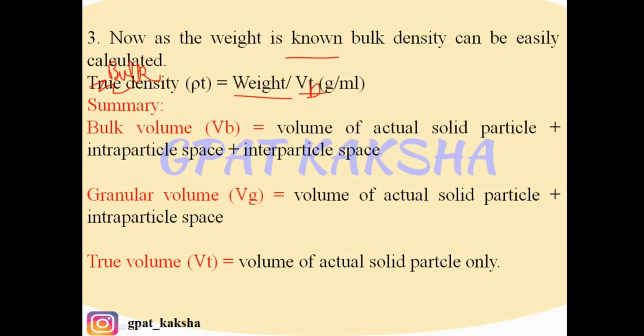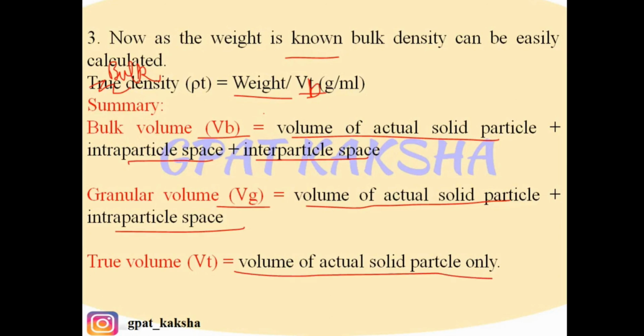So if we summarize all these three types of volume, bulk volume is the volume of the actual solid particle plus intraparticle spaces, means the pores present within the particle, as well as interparticle space, means gaps between different particles. Granular volume is the volume of the actual solid particle plus intraparticle space. It does not include interparticle space. And true volume is the volume of the actual solid particle only.